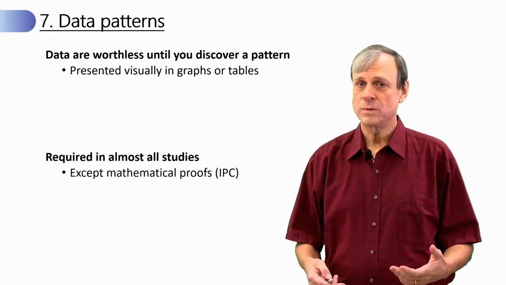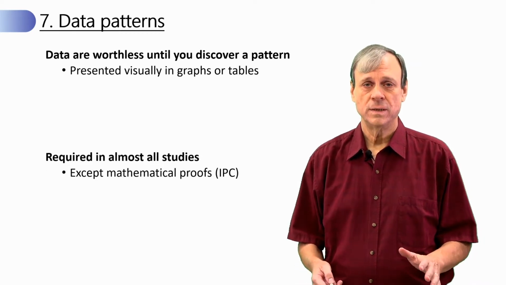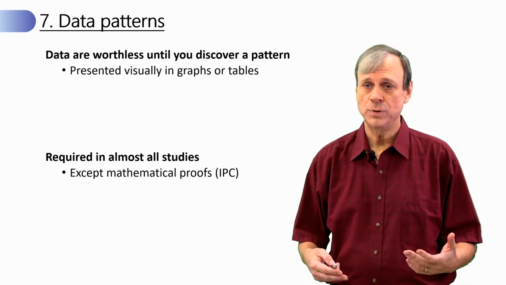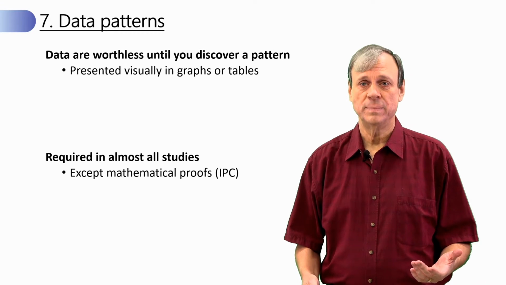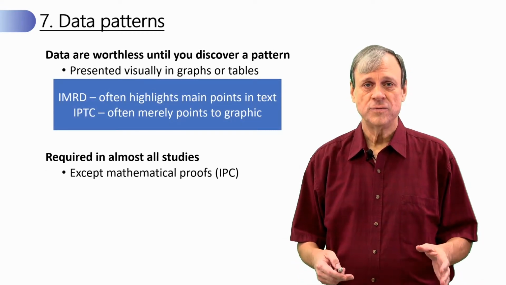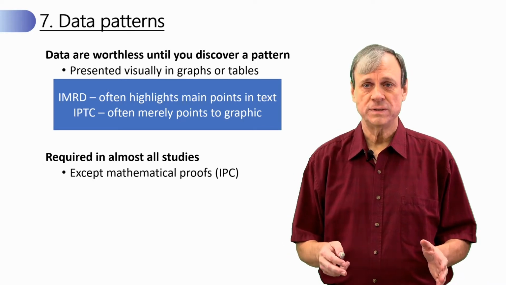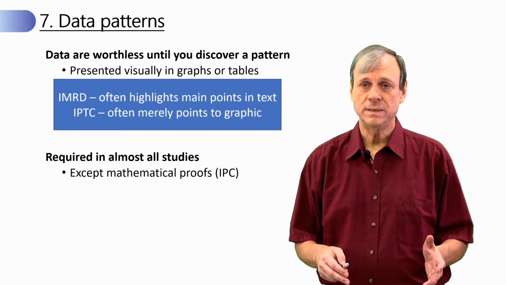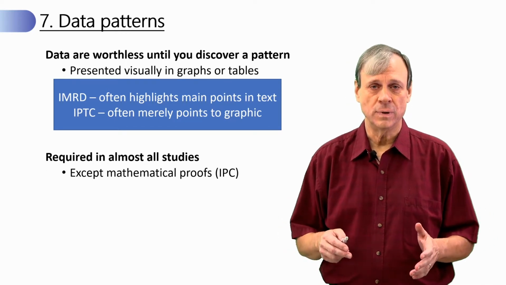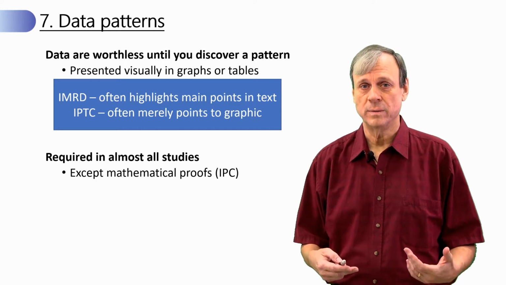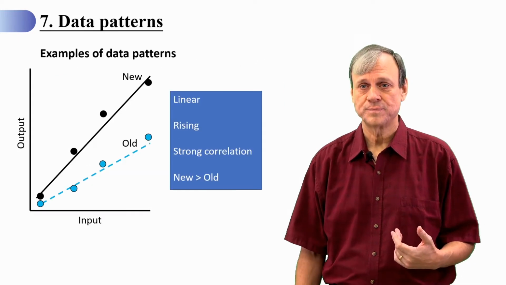And data is required in almost all studies, but again, if it's a purely mathematical study, depending on mathematical proof, then it may not be necessary. In IMRD, frequently the main points of the table are highlighted in the text, whereas in IPTC, often the writer simply points to the graphic and expects that the readers will be able to interpret it themselves.